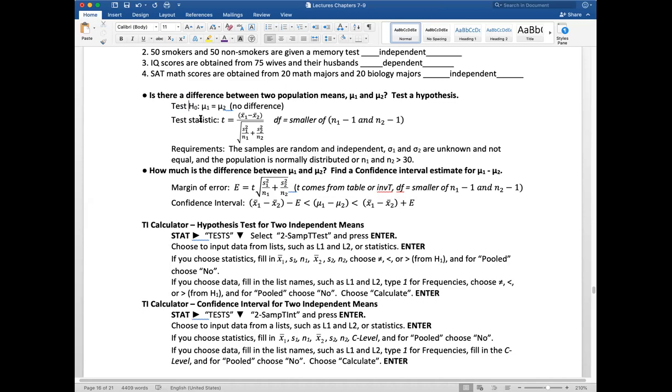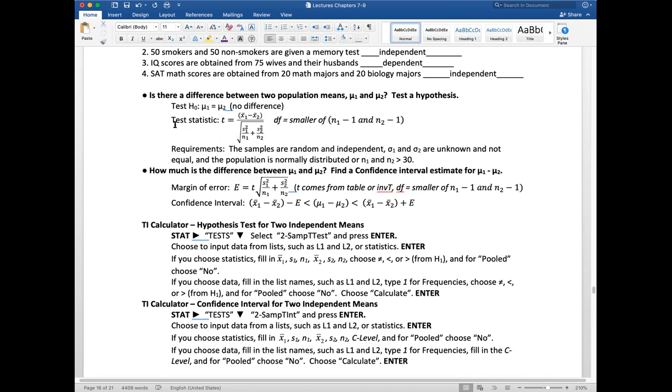It means the two population means are equal, there is no difference. Then H sub 1 is mu sub 1 is not equal to mu sub 2, because H sub 1 must be the opposite of H sub 0.